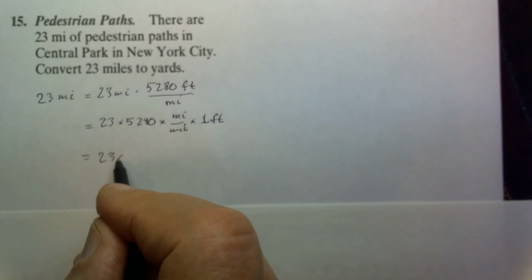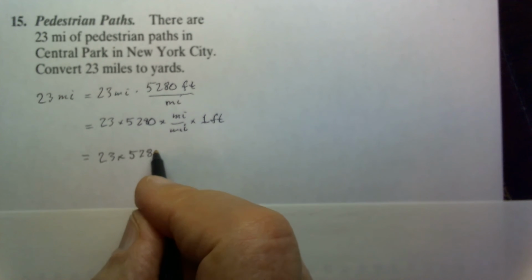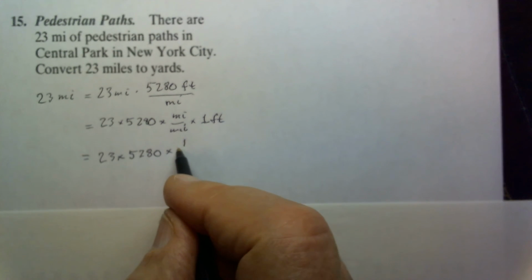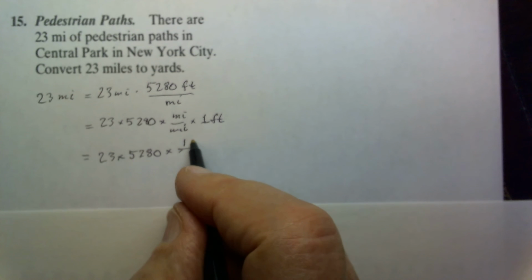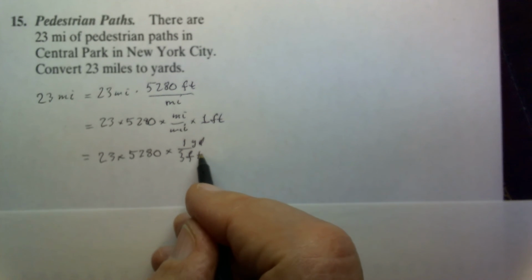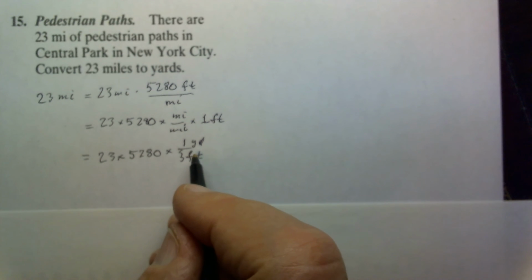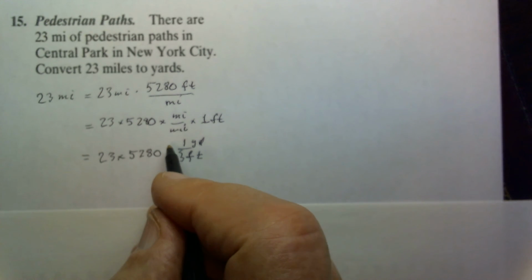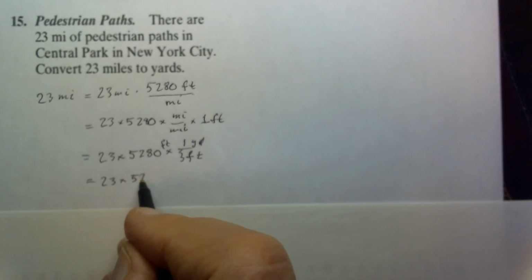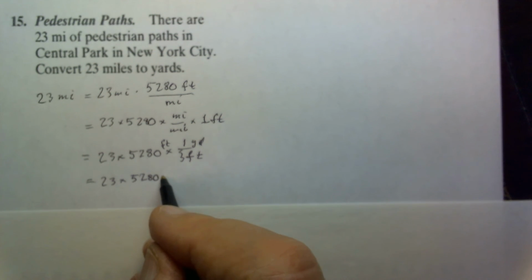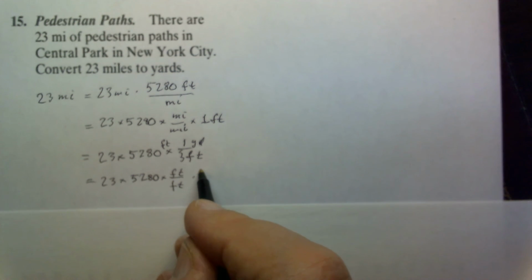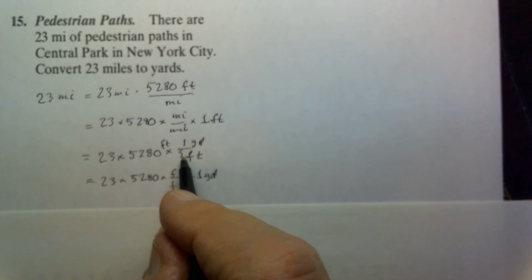And for 1 yard, there are 3 feet. So then we have 23 times 5,280, times feet divided by feet, times 1 yard, all divided by 3.